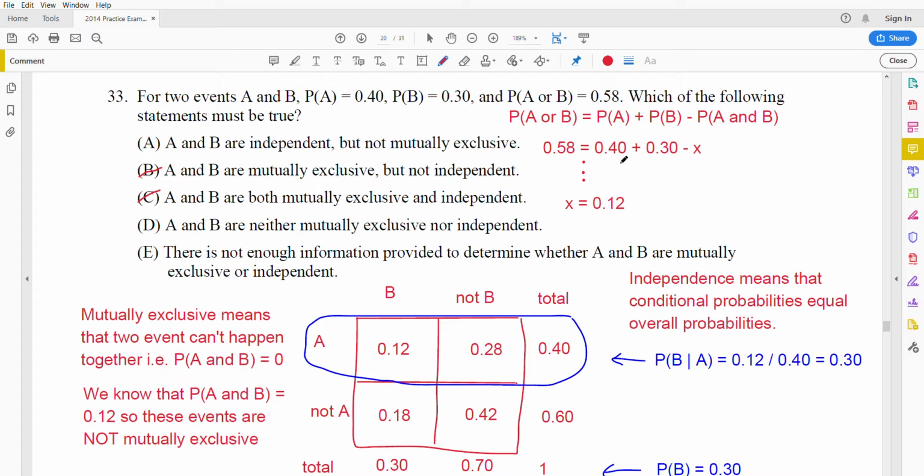So with some quick calculations, we have now found out that the conditional probability is the exact same as the overall probability. They're equal, therefore these two events are independent. So now we know what the right answer is. These events are independent, but they're not mutually exclusive. And that's what choice A says.